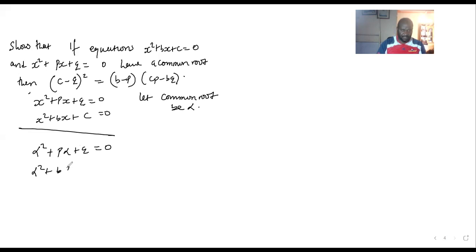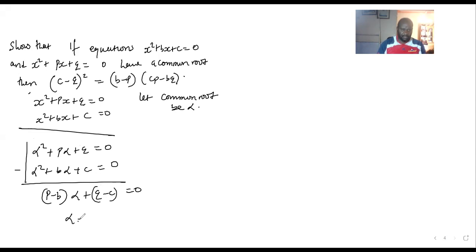Alpha squared plus b alpha plus c is equal to 0. When you eliminate alpha squared, we shall get p minus b of alpha plus q minus c is equal to 0. And we can make alpha the subject, which is c minus q out of p minus b.